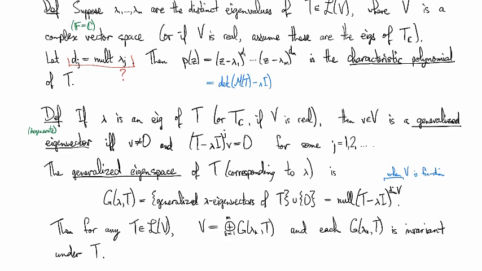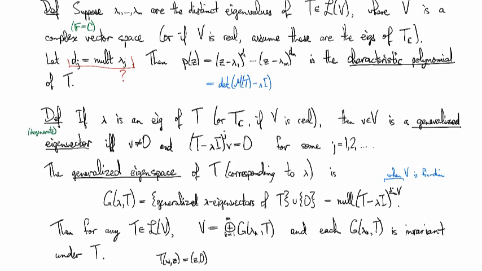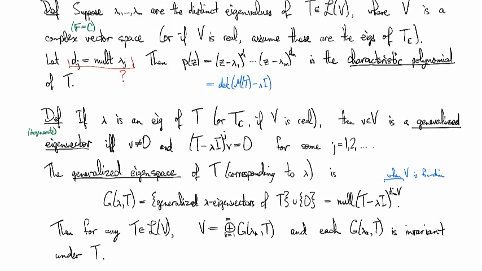And so the example that we saw of that one was this guy. That's sort of our standard example of that. So you can't always get a basis of eigenvectors, but you can get a basis of generalized eigenvectors and a nice decomposition and everything else.